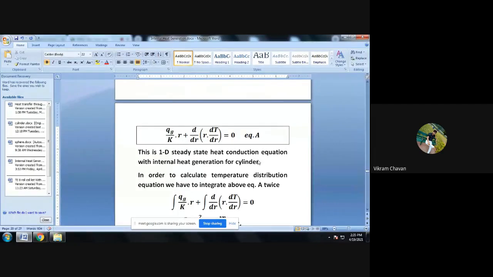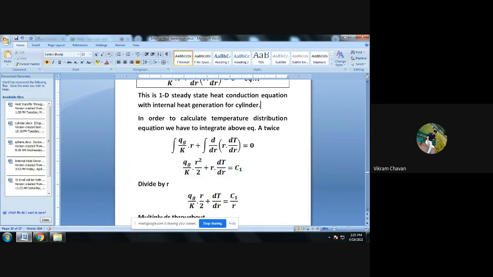Write down the comment below that equation. Everyone with me? Have you written the equation? Have you written the comment?